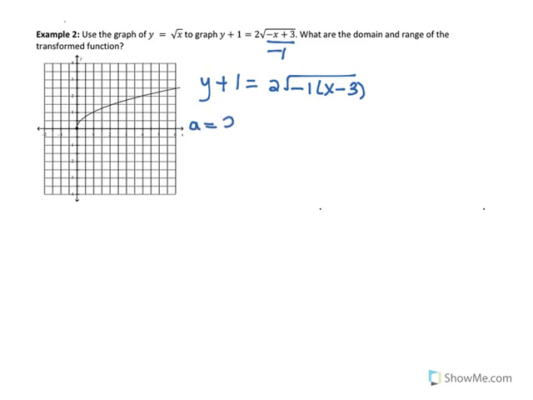So my A value is 2, my B value is -1, my H value is 3, my K value is -1. Because B is negative, that means our X values will be flipping, so we're going to have a reflection in the Y axis. And domain and range is the same as last time, greater than 0 for both.